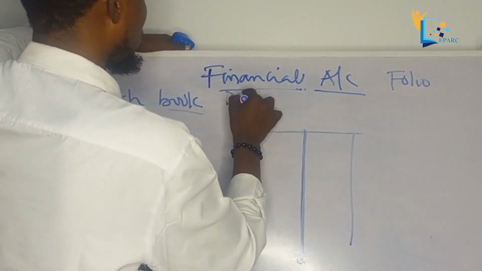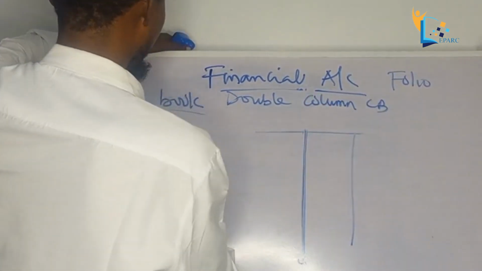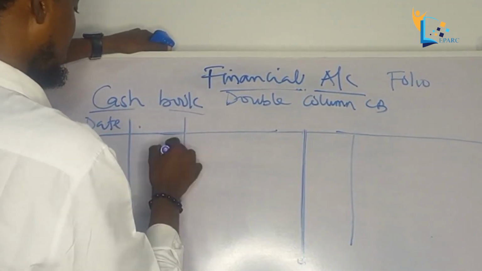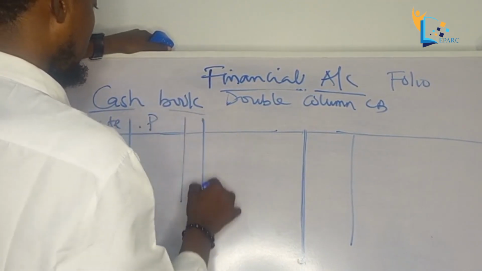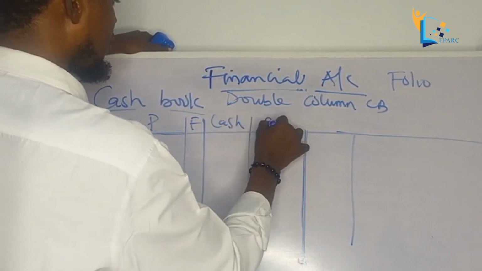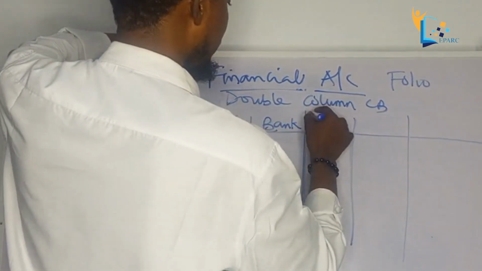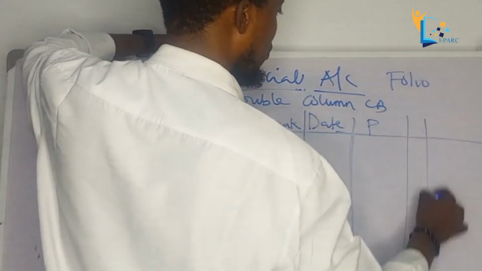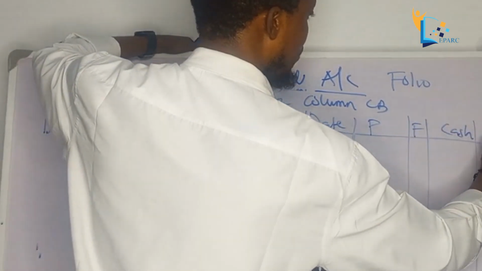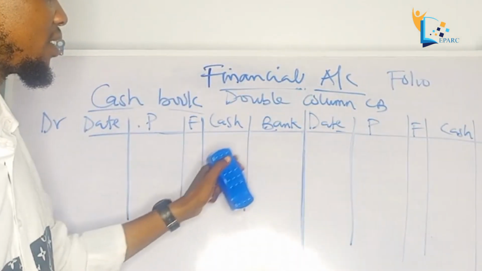The double column cash book has the dates, the particulars, the folio, the cash, and the bank. Date, particulars, folio, cash, and bank.